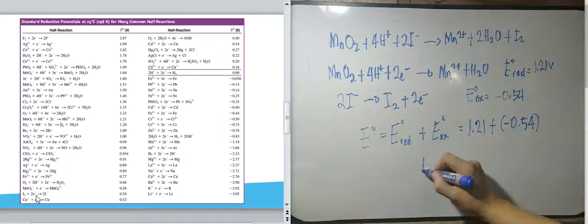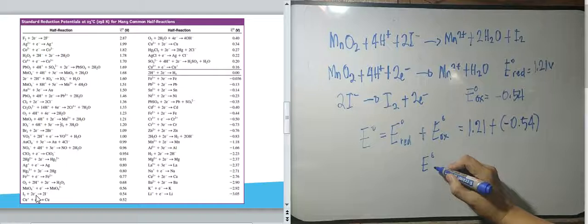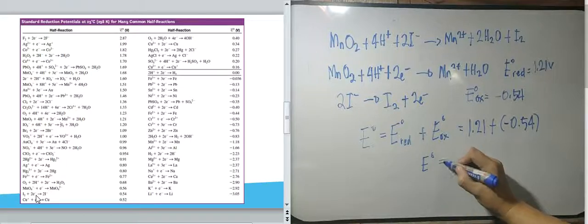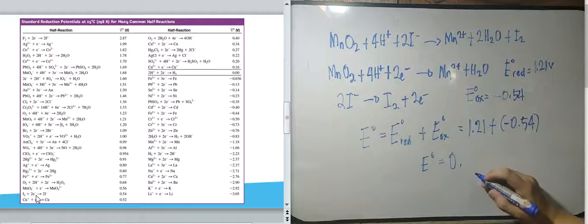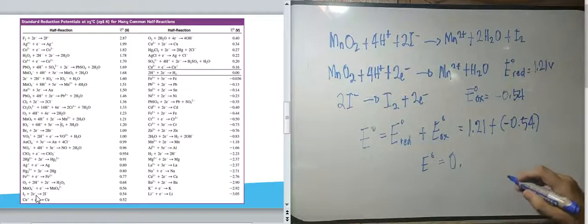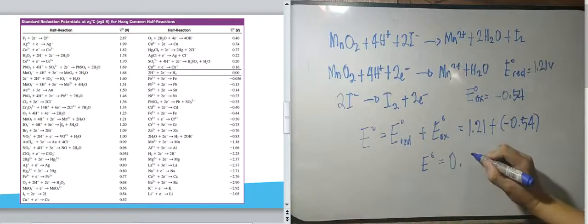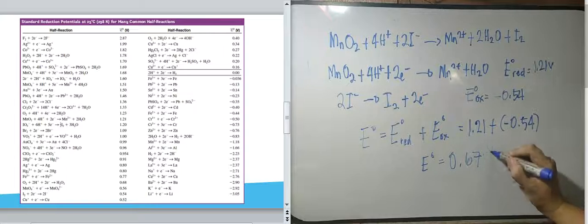So the standard voltage or standard potential will be 0.67 volts.